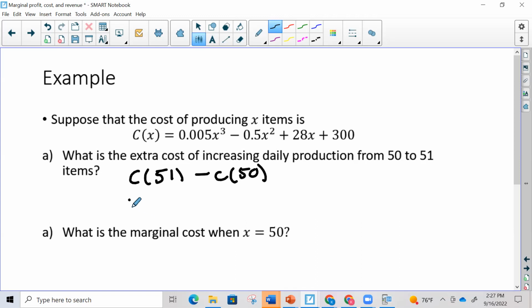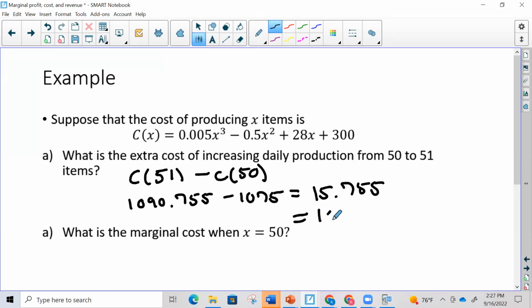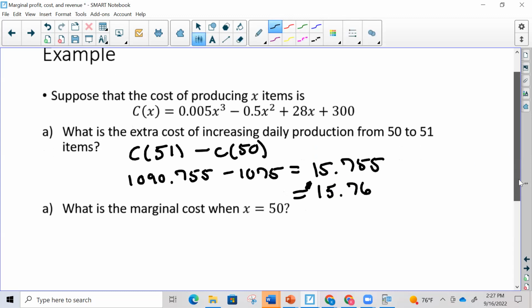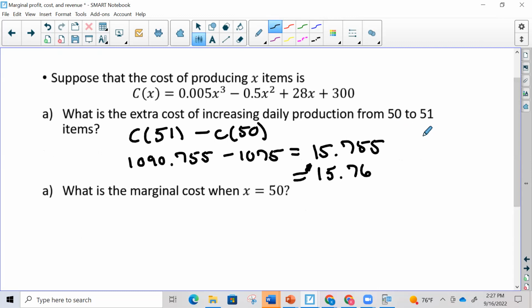Okay, so we get 1090.755 minus 1075. And that gives us 15.755. Usually because this is money, we do 2 decimal places, so 15.76. And the units are dollars. So that is the cost to increase from 50 to 51.